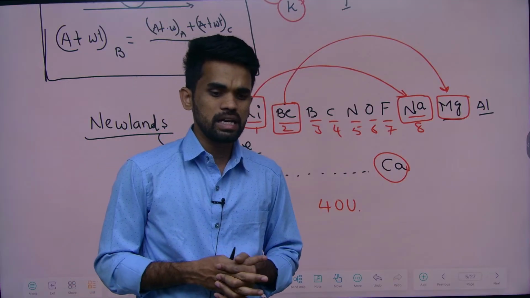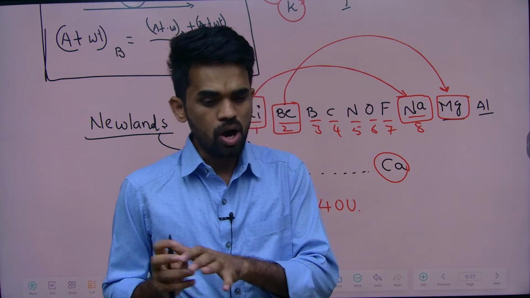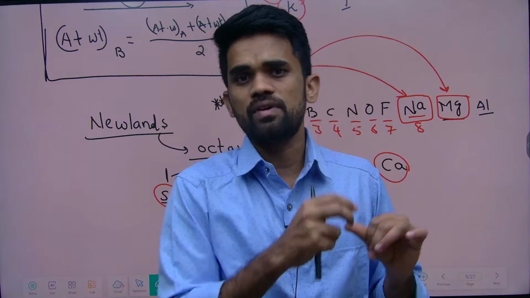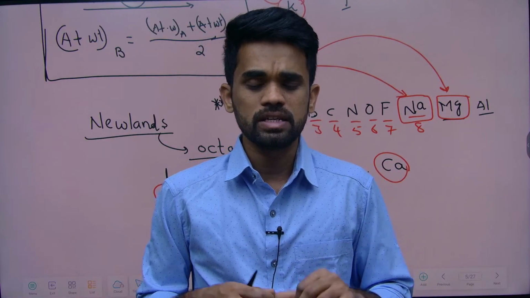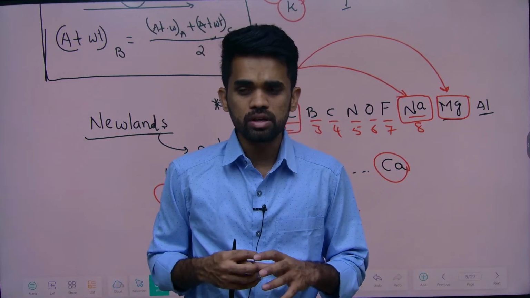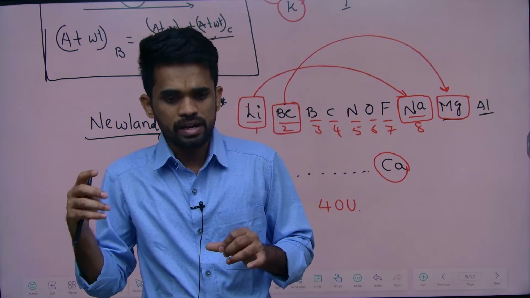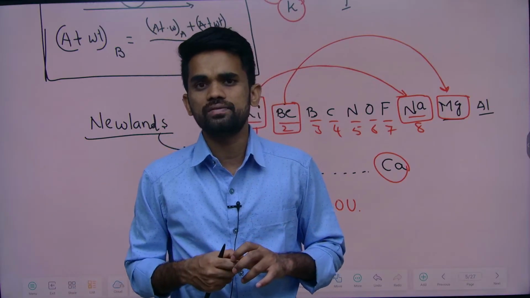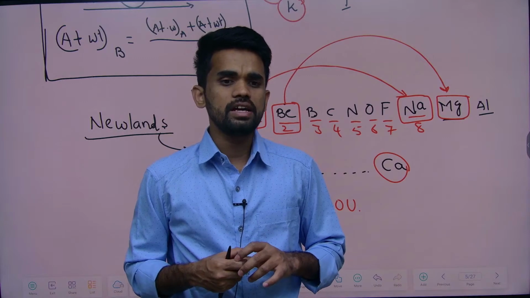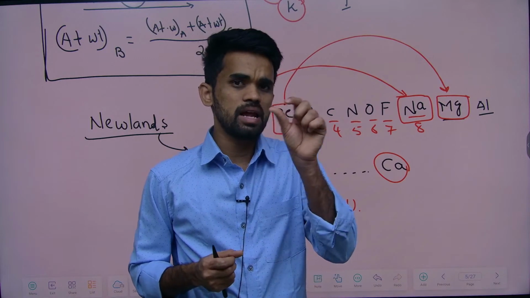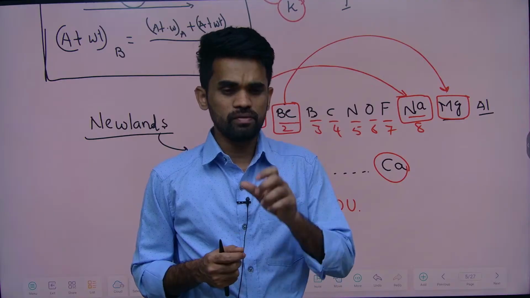So what Mendeleev did is he arranged all the elements in increasing order of atomic weights. He took all the elements known, around 60 elements at that time, and arranged them in the increasing order of their atomic weights. He found some similarities in the properties in a few sets of elements.